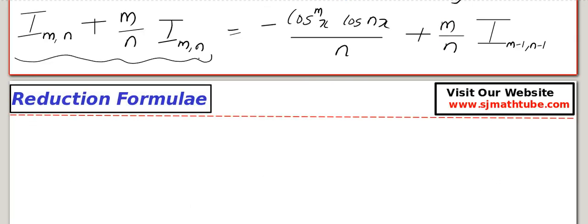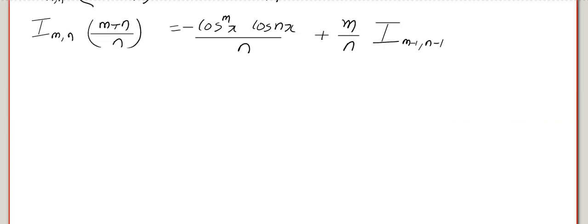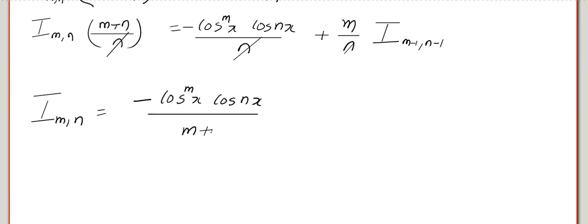Now what is common? Take LCM. So you're going to get it cancelled. So I(m, n) is equal to, well, that's it. Okay, now we got the reduction formula, so let's put it inside a box.